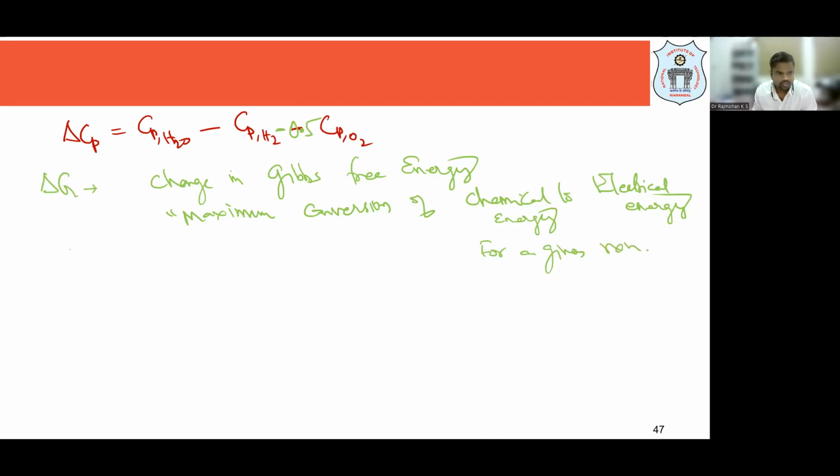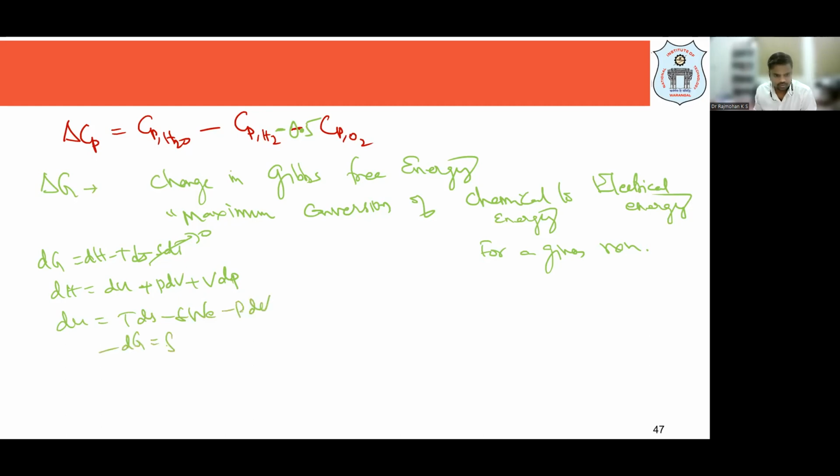How can you relate? Just recall what we have discussed earlier: dG equal to dH minus T dS minus S dT. That is negligible. So we can say dH is equal to dU plus PdV plus VdP, and we have dU equal to TdS minus dW minus PdV. We can say dG equal to W e.